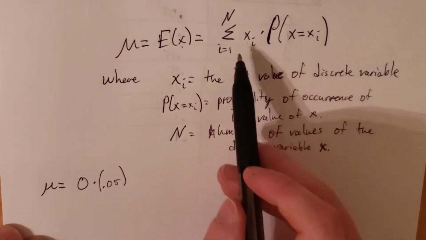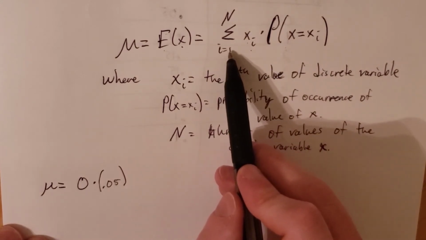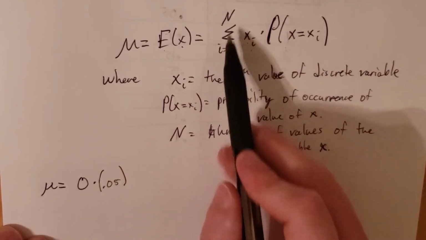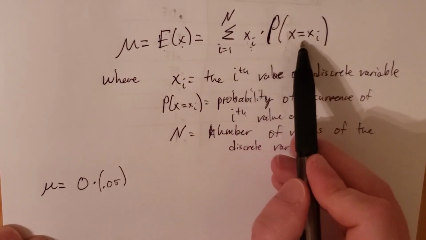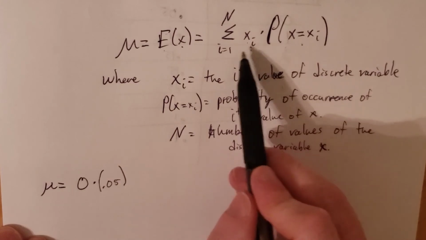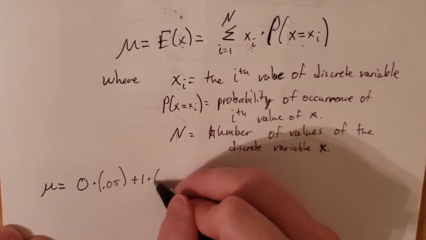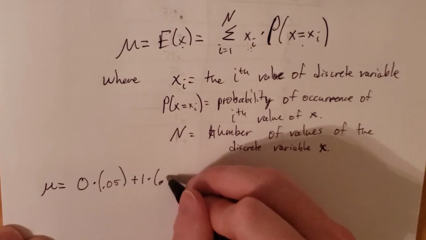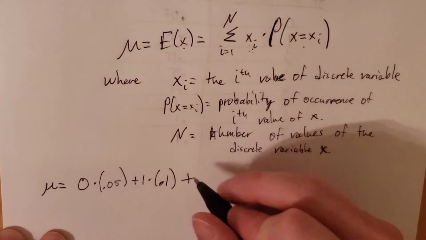And then this says we're taking the sum of this product as we move along from I equals 1 to n. So our first variable was 0, and the probability of that was 5%. Now we add up the second variable. The second variable was 1, and the probability of that is 0.1, plus, and so on.